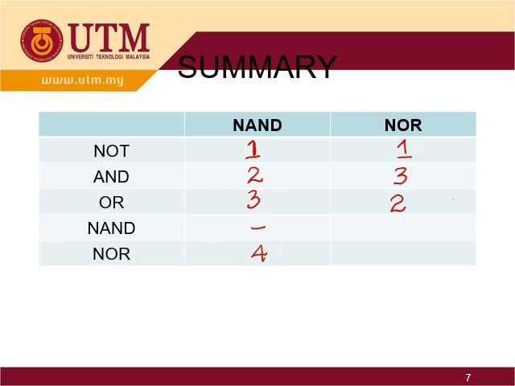And how about NAND? NAND with NOR needs 4. Obviously, you don't need NOR. This is the easiest way for you to memorize how many gates of NAND and NOR are needed to represent the basic gates and also the other universal gate.